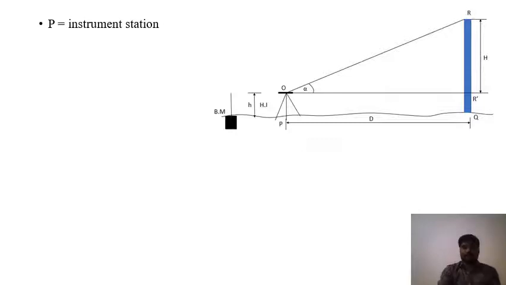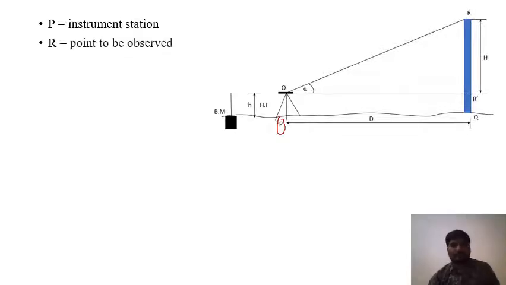Okay, now here I show the notations with names. P is the instrument station. This is the name I have given here. Next, R point.